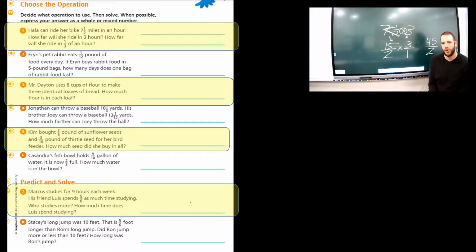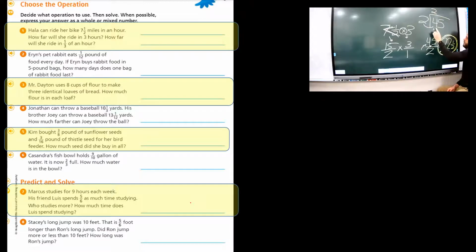How many 2's are in 45? Well, 22 times 2 is 44. So 22 is 44, but we have 45. So there's a half left. So that answer is 22.5. And if you didn't know that, you can divide like this. 45 divided by 2. 2 goes into 4 twice.